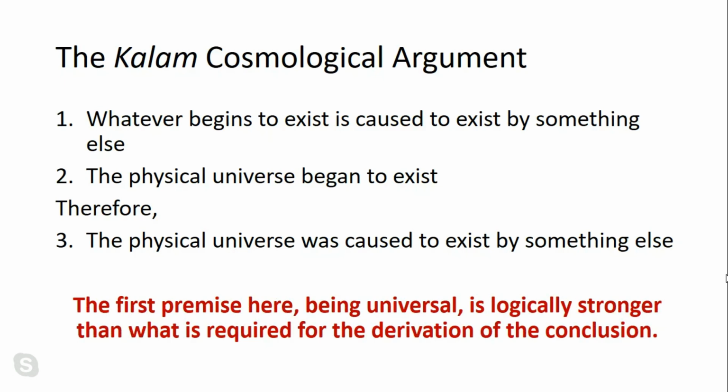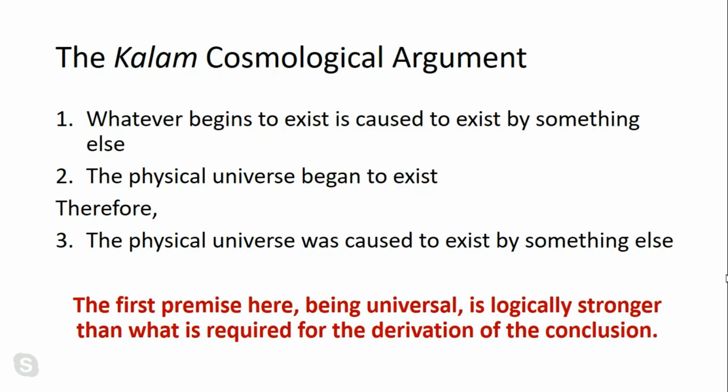I don't actually need that universal premise to draw the conclusion. Now, it may be that the universal premise is true. It may be that it's something that people see immediately. But actually, we can strengthen the argument, steelman the argument, by substituting for premise 1 here a logically weaker claim that still gets the job done.